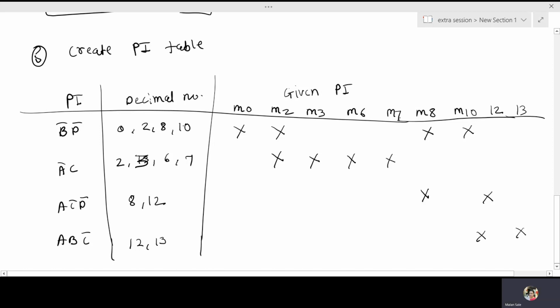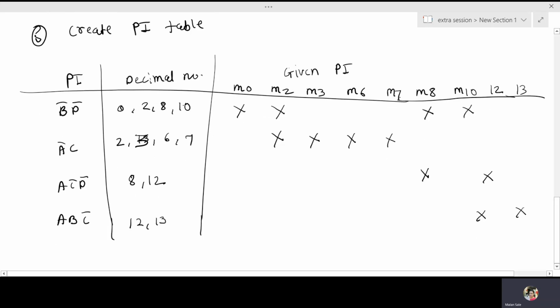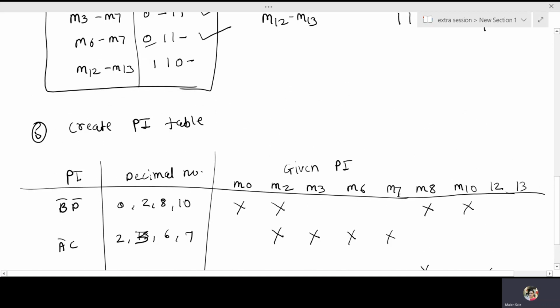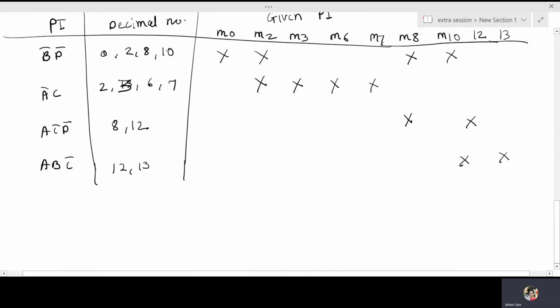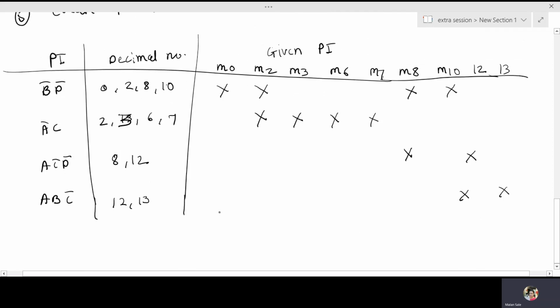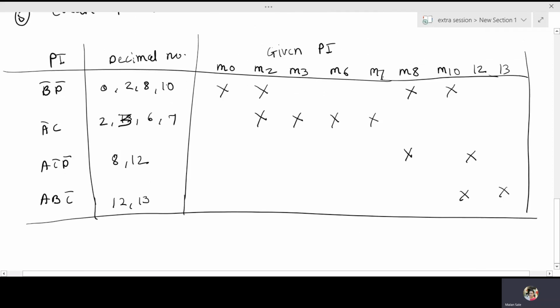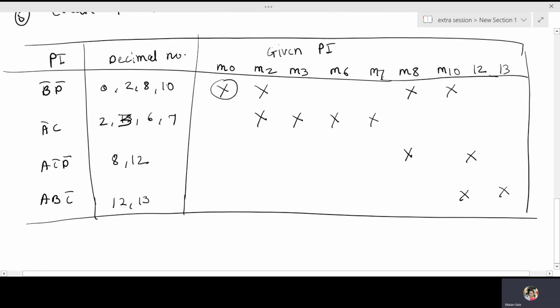Now check which are the unique minterms. The unique minterms are circled together: M0, M3, M6, M7, then M13.